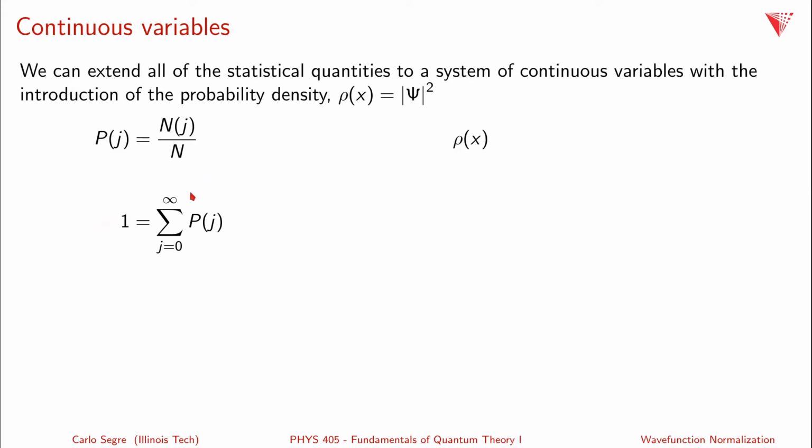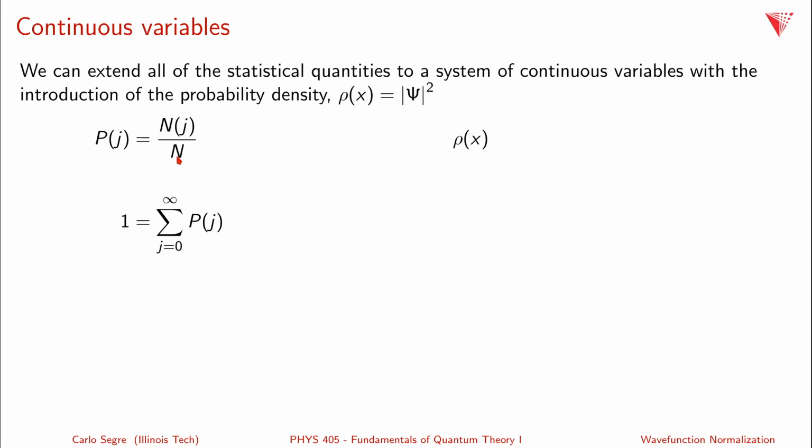Remember also how the probabilities had to add up to 1, because if you sum over j and divide by N, the sum of N of j is going to be N. And so this has to be equal to 1. So the probability of finding some value throughout the entire distribution has to be 1.